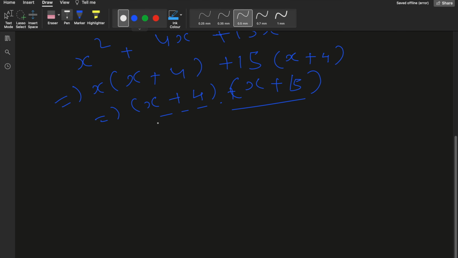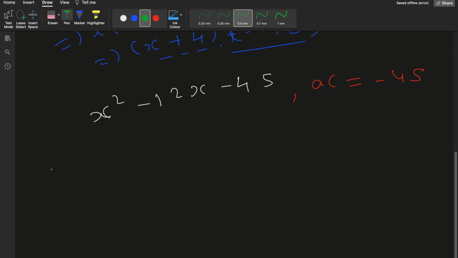So we write the equation x squared minus 12x minus 45. Yeah, so this is case 2 because AC is negative, as we can clearly see. It's minus 45. Okay, so this could be written as minus 1 into 45. No, it wouldn't work.